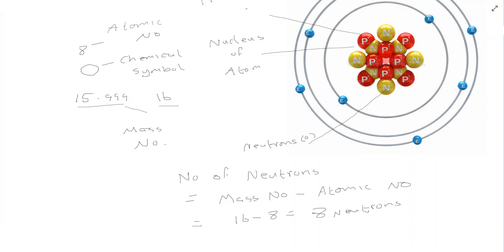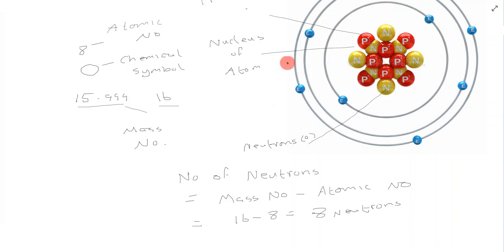You can have an oxygen atom with 8 neutrons and another oxygen atom with 9 neutrons. Both have 8 protons, because that's what makes it an oxygen atom, but they can have different numbers of neutrons. We'll talk more about isotopes in a different lesson, but this is just a general overview.